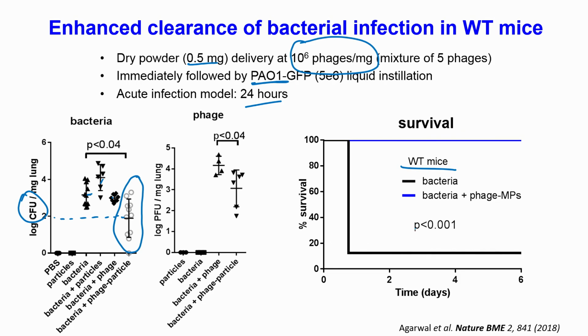The animal was then looked at for survival, and what they find is you get a massive reduction in the survival between the two groups. If you do not give any treatment, most of these animals die, only maybe 10-15% of them survive, but if you are giving phage treatment, in fact almost 100% of the animals ended up surviving for the duration of the study.